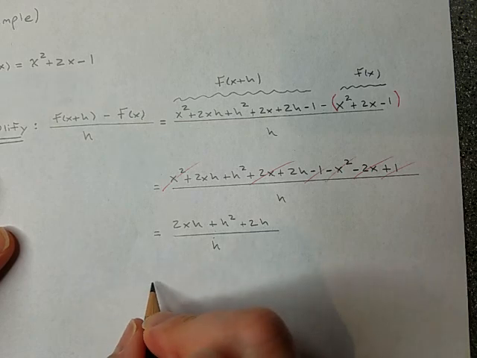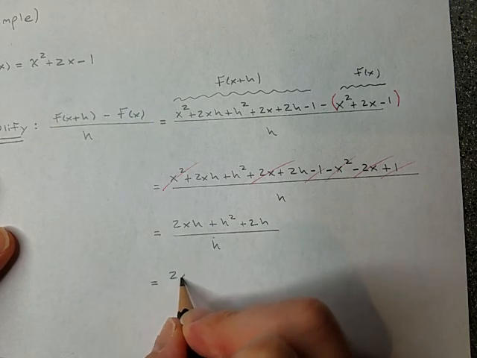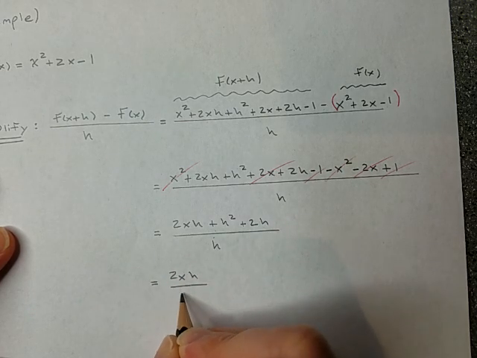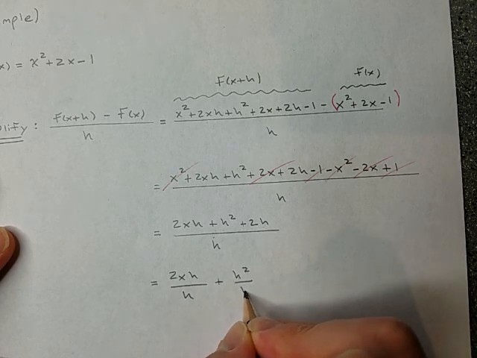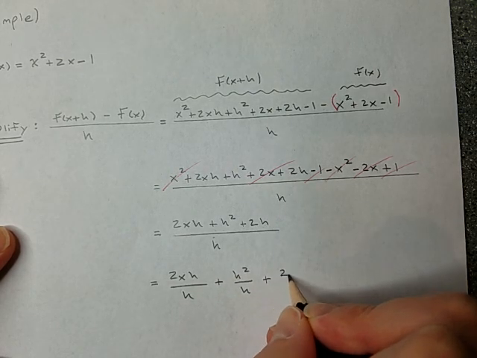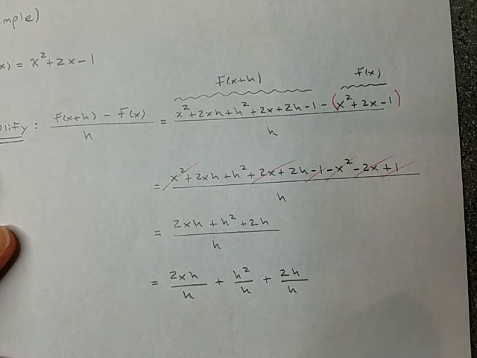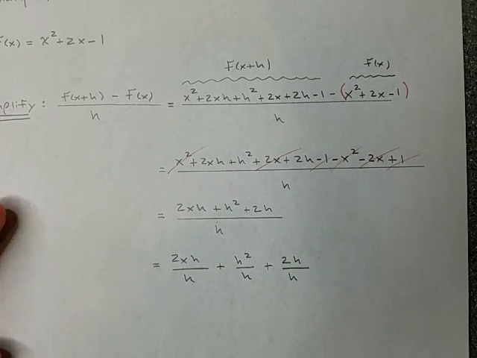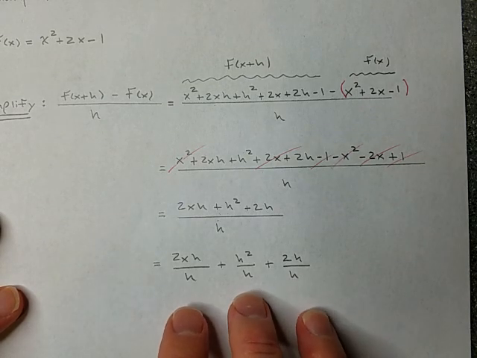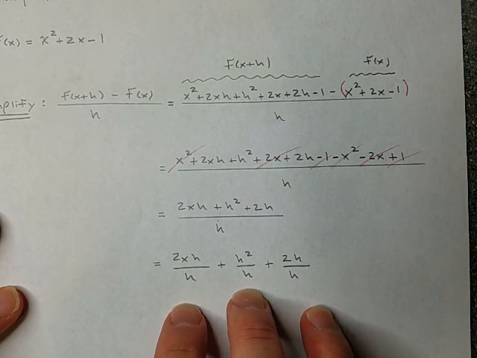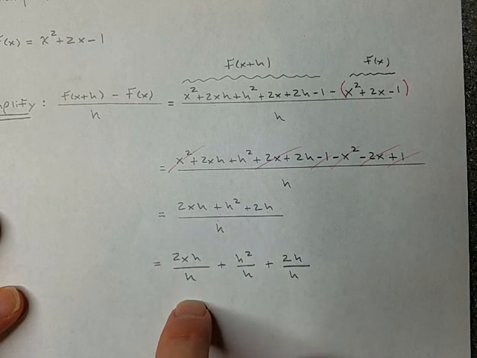Think of it like this. Could I break it down this way? Could I break it down like that? I can. Okay. More important question. How do you know I can take this and break it down that way? Well, think of it like this.